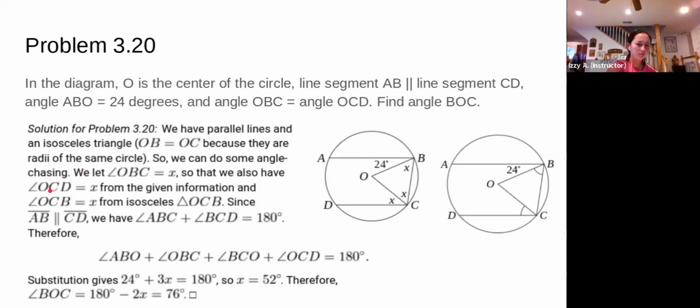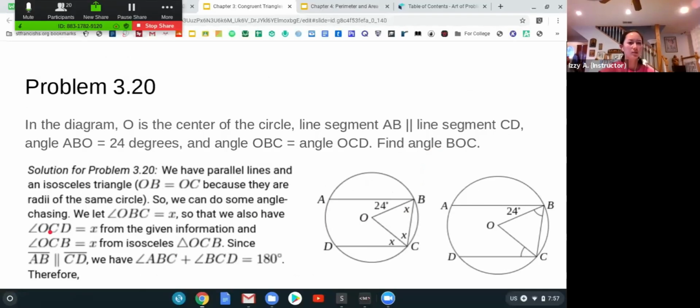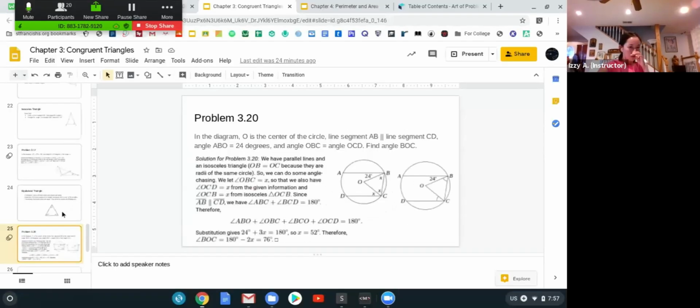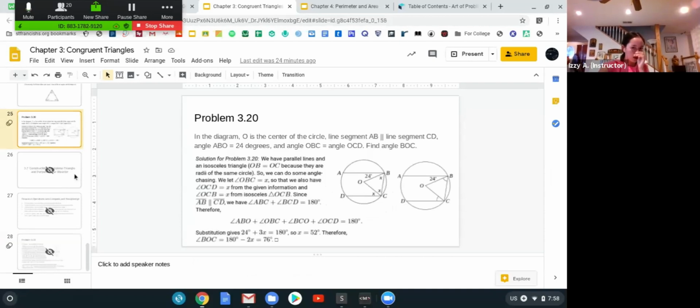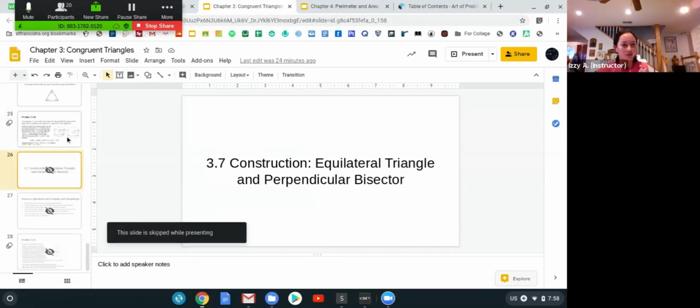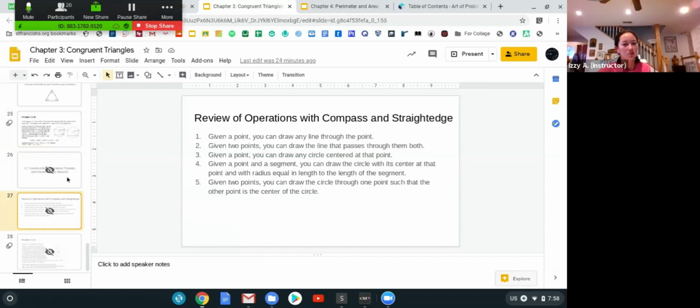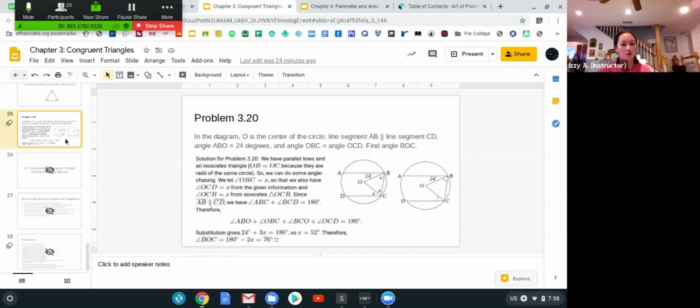Oh, wait. Okay, so that was actually the last problem. I did not decide to present on 3.7 because it was just a review of using compass and straight edges to draw equilateral triangles, but that is hard to demonstrate virtually.